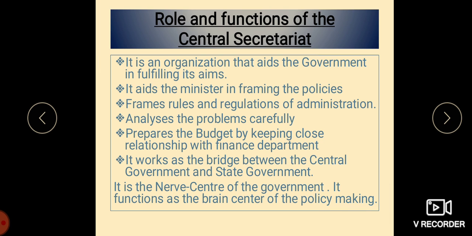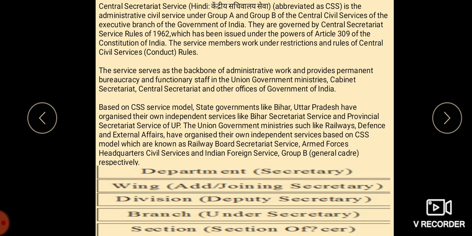Now we will move on to the formation, how it is formed. According to the Constitution of India, Article 77, Part 3, the President of India has the power to frame the rules to facilitate the smooth and efficient functioning of the central government in assigning the portfolios for the ministers.